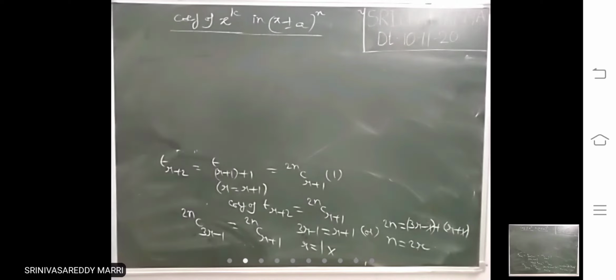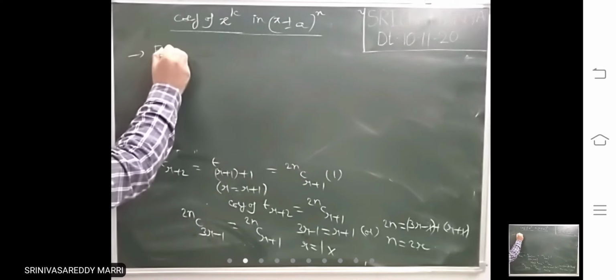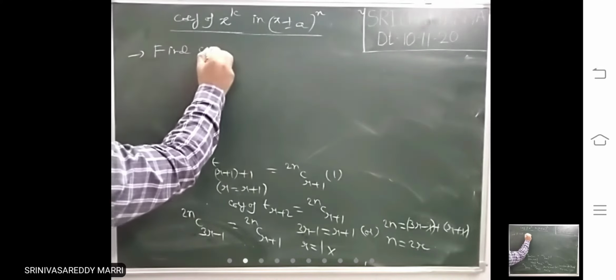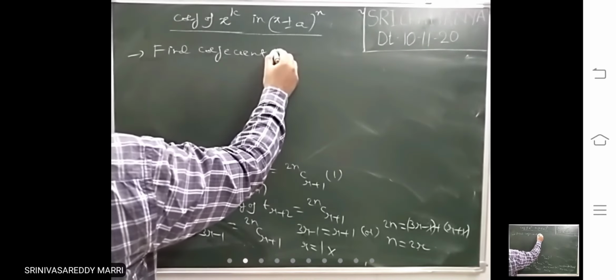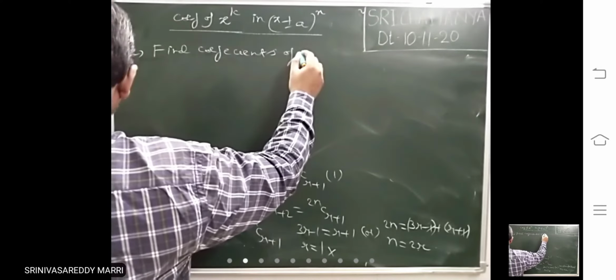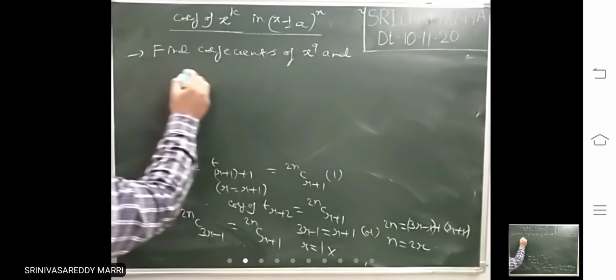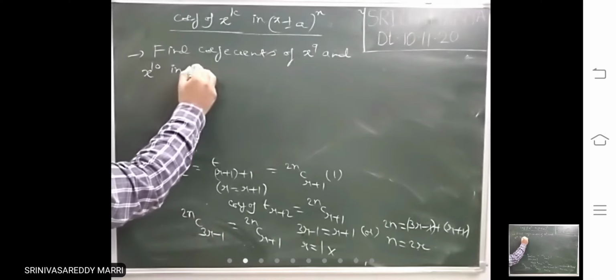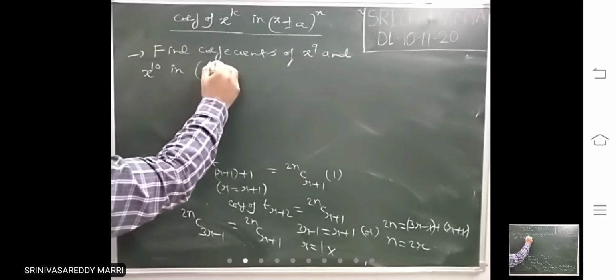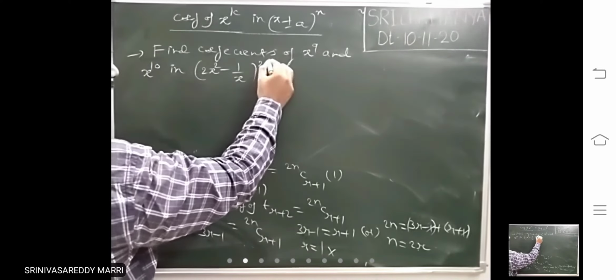Look at one simple example. Find the coefficients of x power 9 and x power 10 in, take some simple example, to the power 20, let's say.